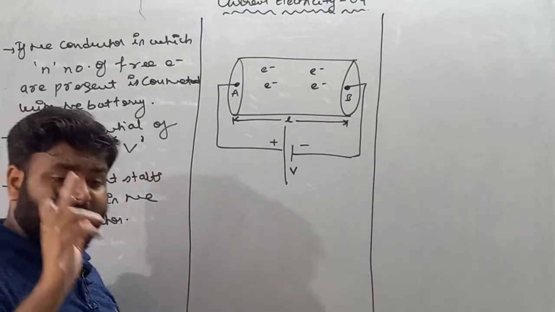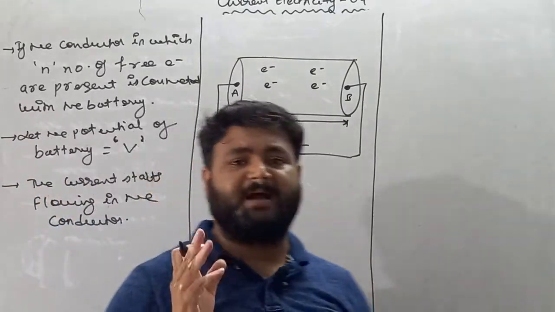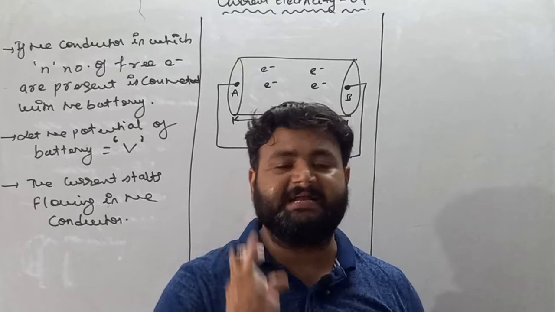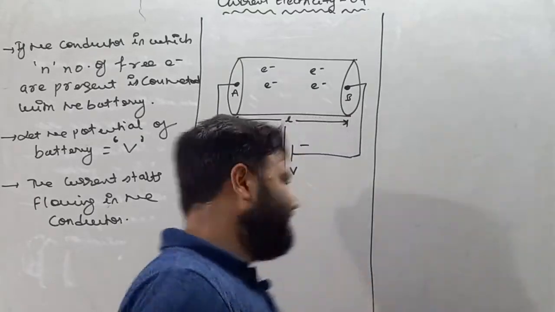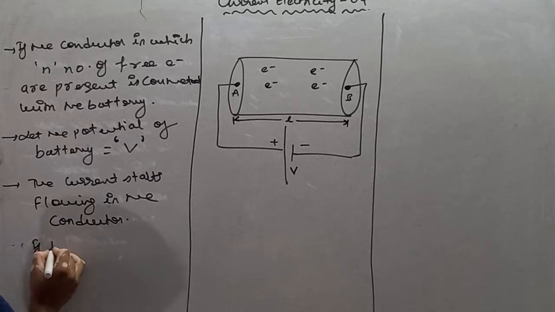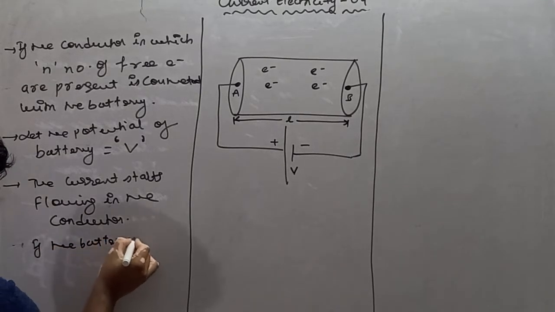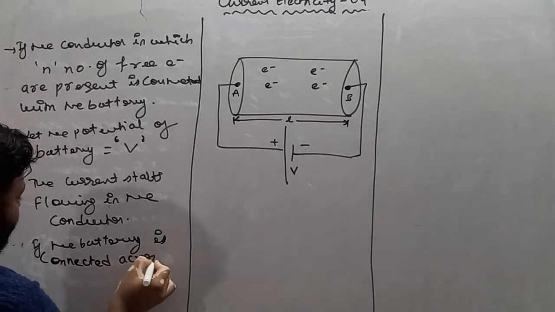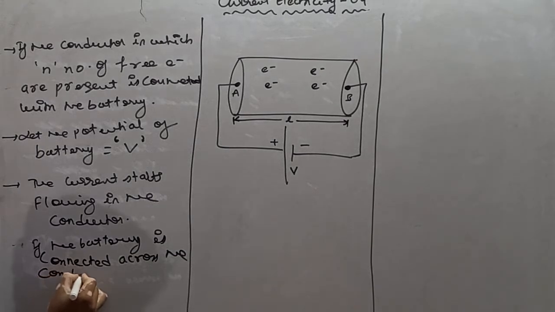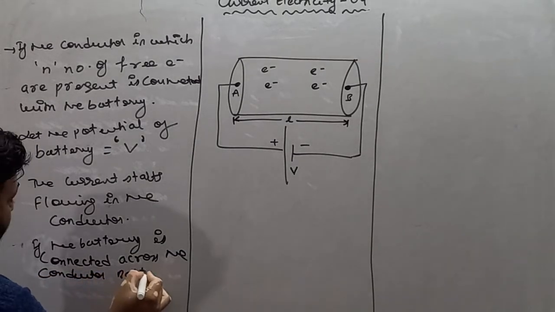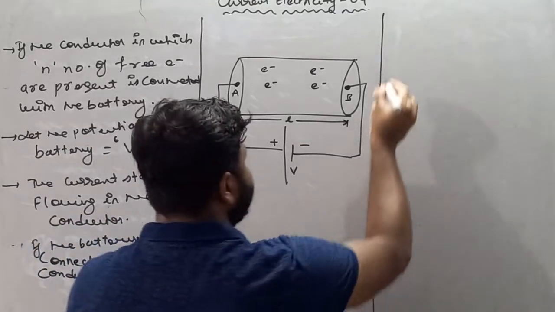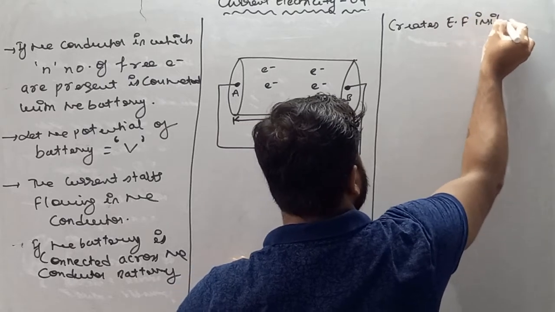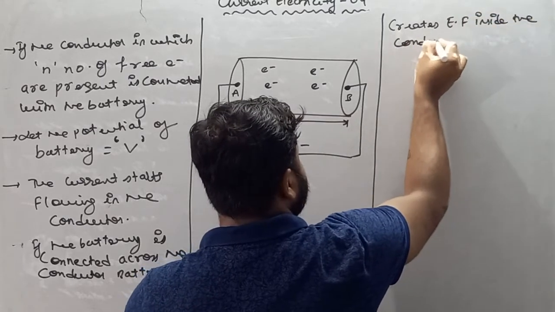Remember one thing: once you connect the battery across any conductor, the battery creates an electric field inside the conductor. I'll write it down. If the battery is connected across the conductor, the battery creates an electric field inside the conductor.